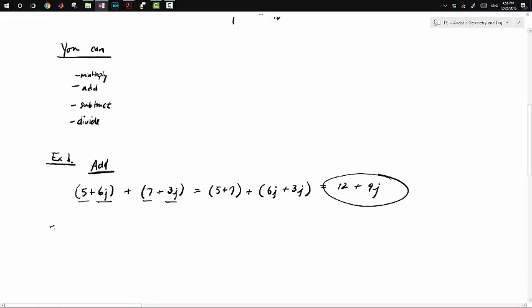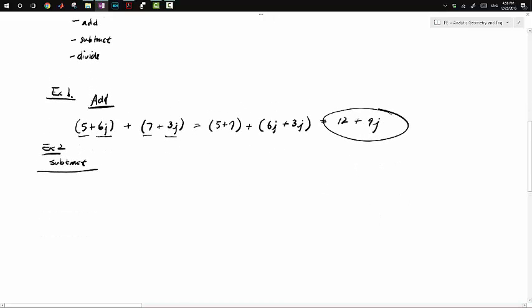So similarly, we can subtract. So this will be example 2. If we're given 5 plus 6j minus 7 plus 3j, again, we're subtracting the real numbers and the imaginary numbers separately.